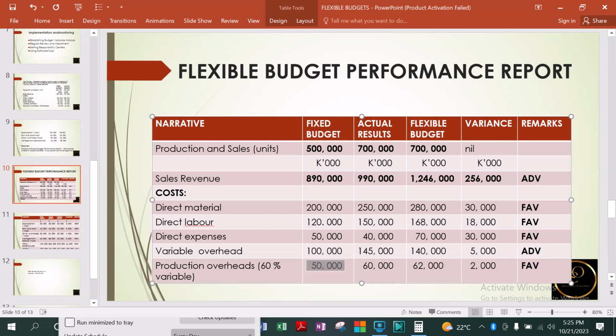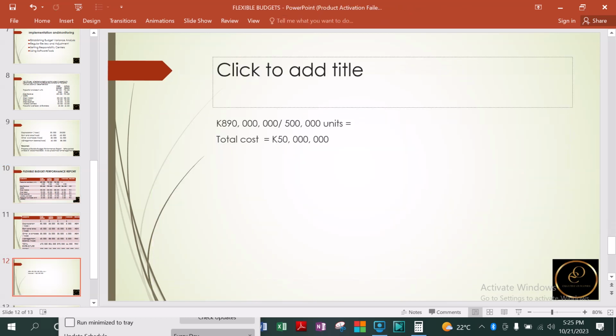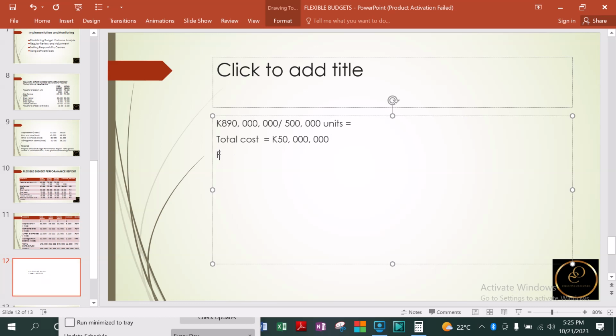There are 3 zeros on top, so it's 50 million kwacha. We are told it's 60% variable, so meaning that part of this is fixed. Fixed cost is 40%. That's what we have.